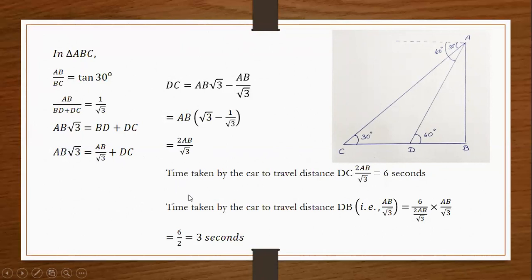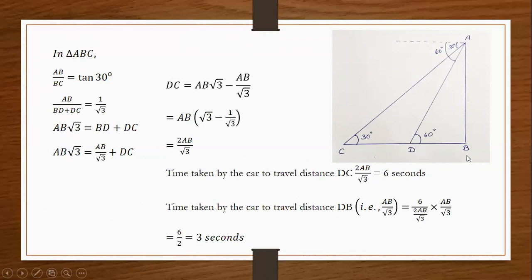Now the time taken by the car to travel the distance DC. This distance, DC, is 2AB by root 3. For this distance, it took 6 seconds. Now the time taken by the car to travel the distance DB, that is AB by root 3.